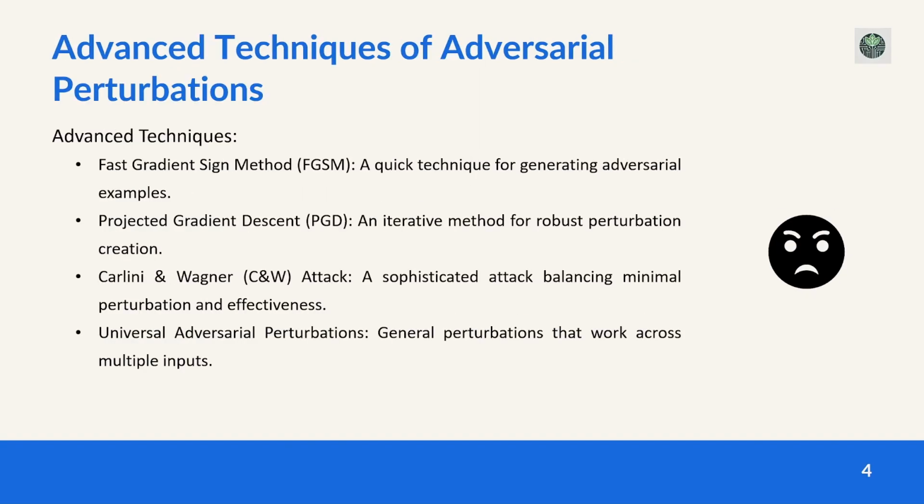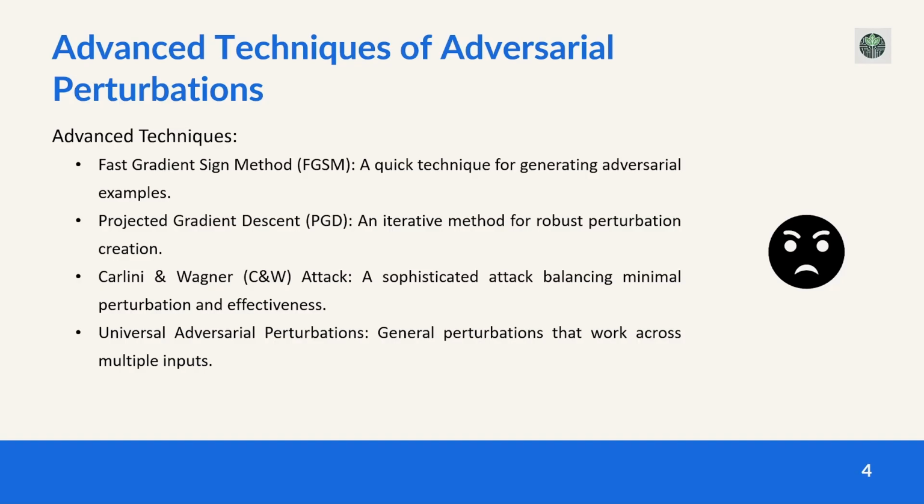So now let's look at some of the more advanced methods. These include the Fast Gradient Sign Method, or FGSM, which generates adversarial examples with efficiency and speed. Projected Gradient Descent, or PGD, refines the process by iterating to create more robust perturbations. There's also Carlini and Wagner, or the CW attack, which is highly effective at ensuring the perturbations remain small and imperceivable while achieving the desired misclassification.